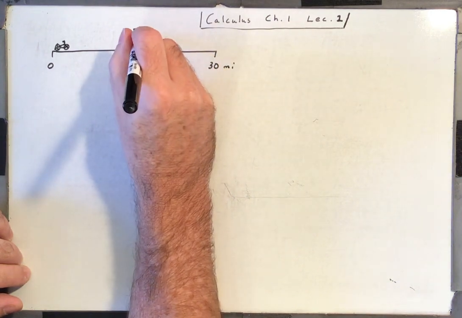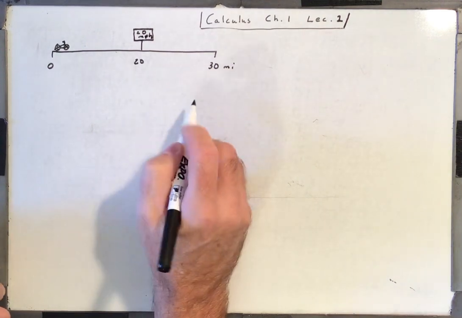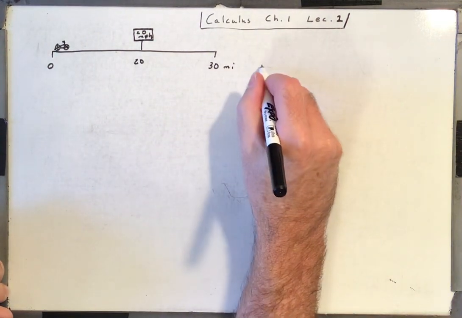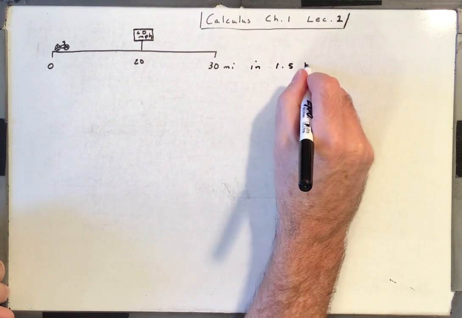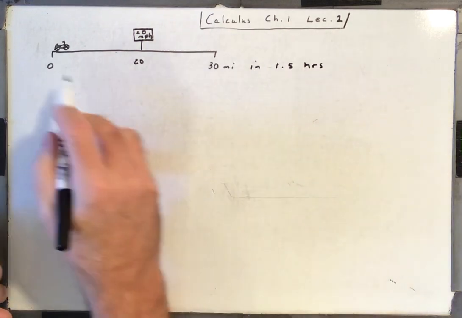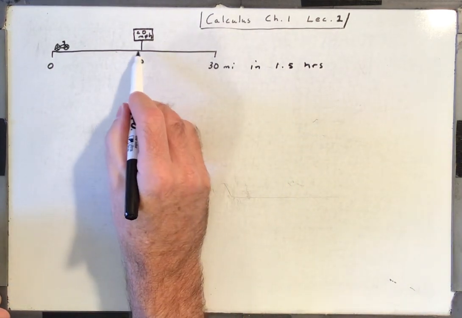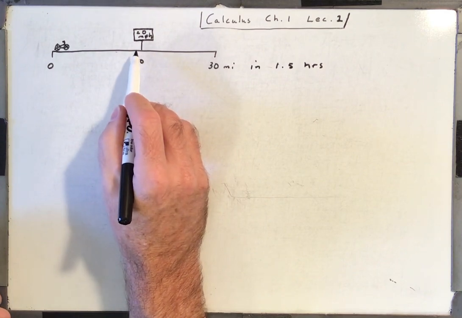And the speed limit is 20 miles per hour. Just so happens to be at the 20-mile mark. So we said the total time, 30 miles in 1.5 hours. That's how long it took. So the question is, was he speeding at the instant that he passed the sign?